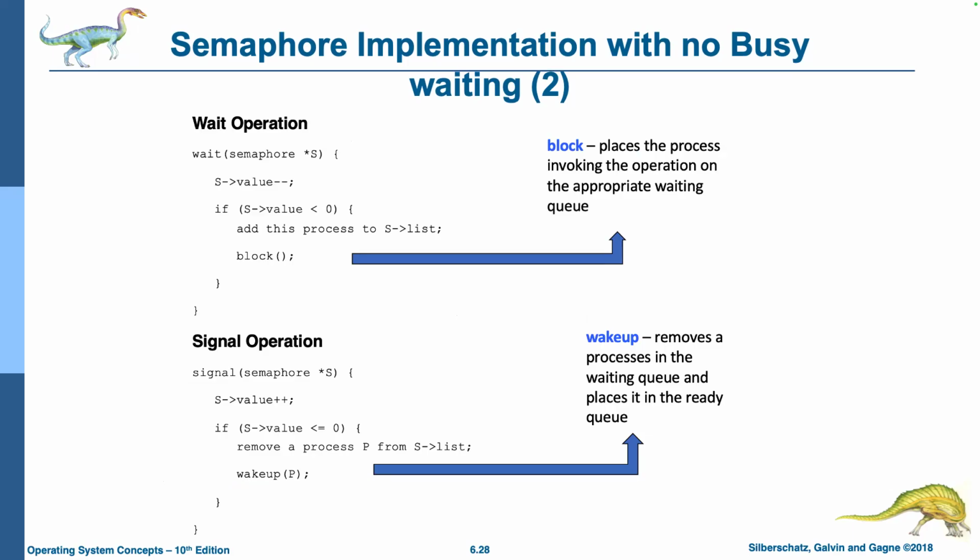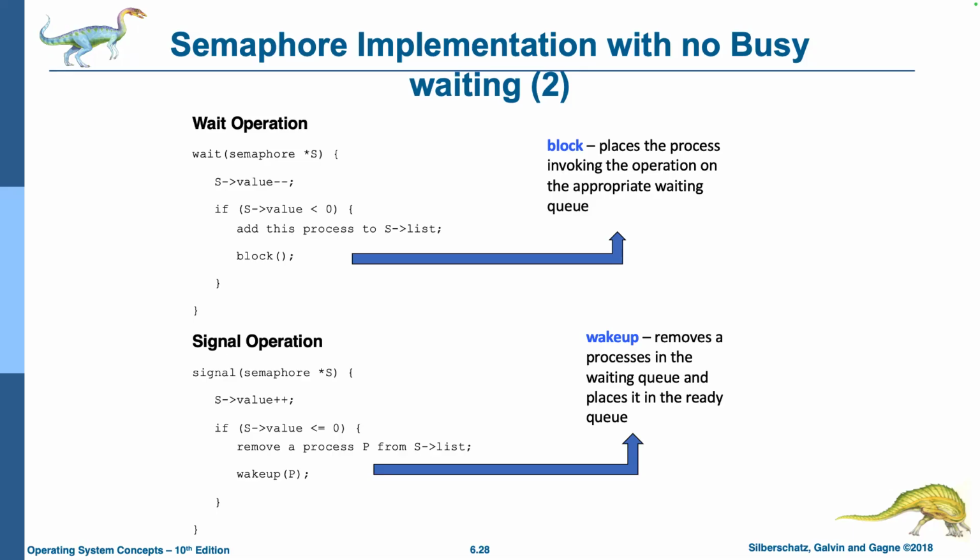Okay, block. In wait, the value is decreased by 1, so this value can be less than 0. If S is less than 0, the process is blocked onto the waiting list.